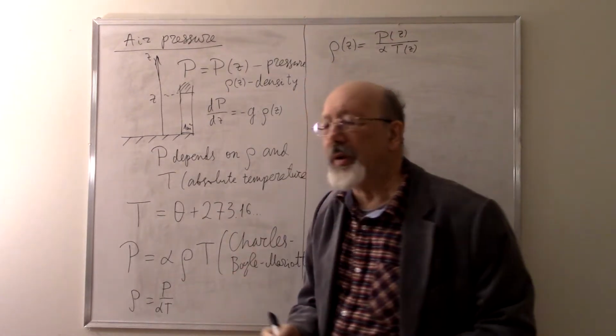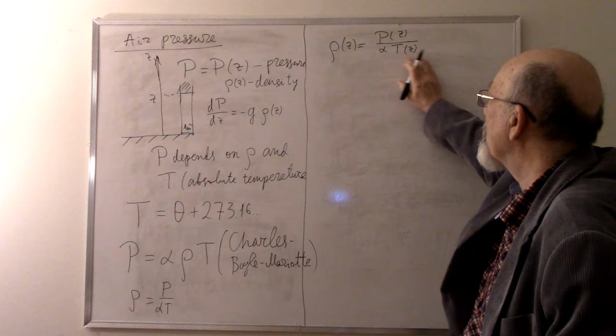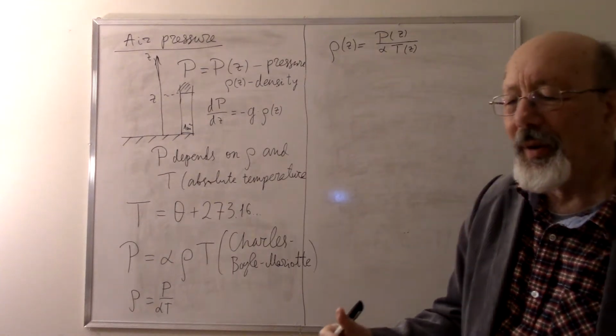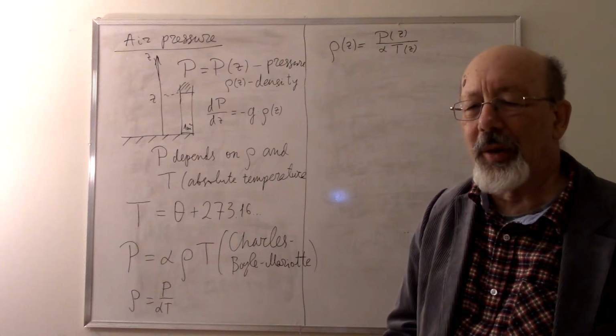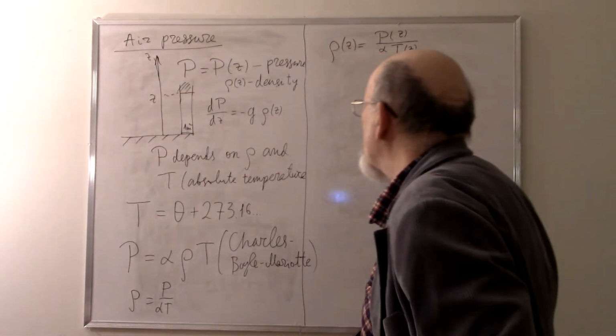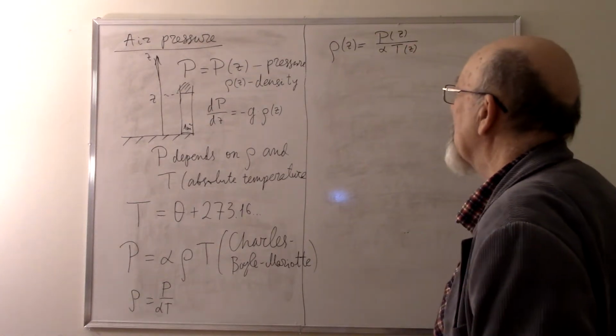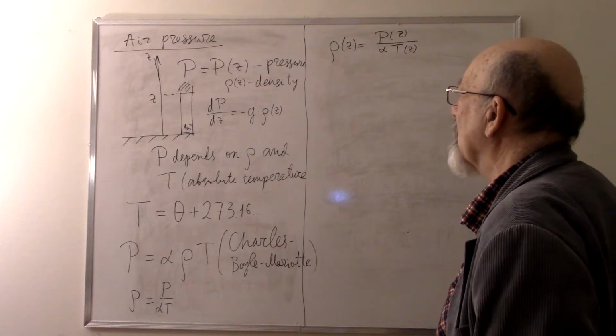Now, what we did in the first lecture, we considered the case when temperature in fact is constant. It is the same, equal to temperature at the ground level. And today I wanted to consider the case when temperature is not constant.